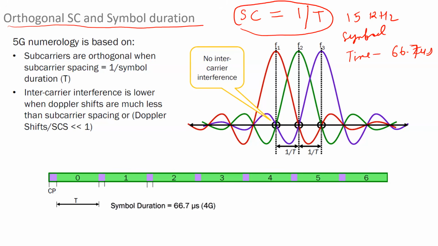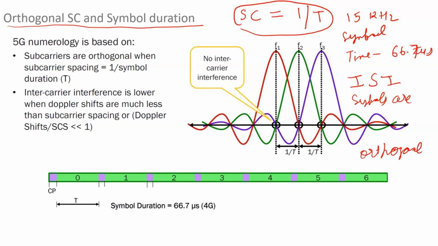So we need this equation because if this equation is valid, only then can we avoid inter-symbol interference, right? So inter-symbol interference can be avoided only when symbols are orthogonal to each other.